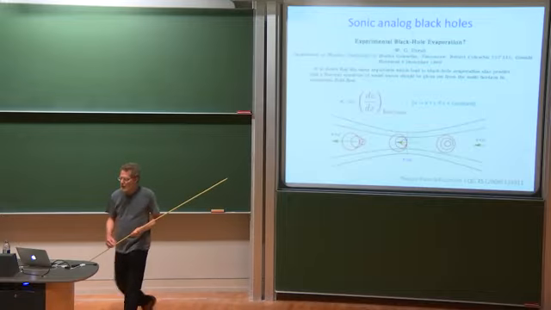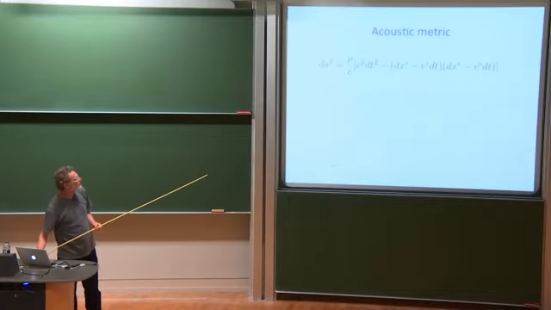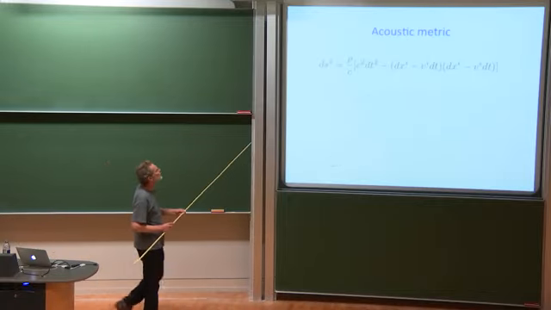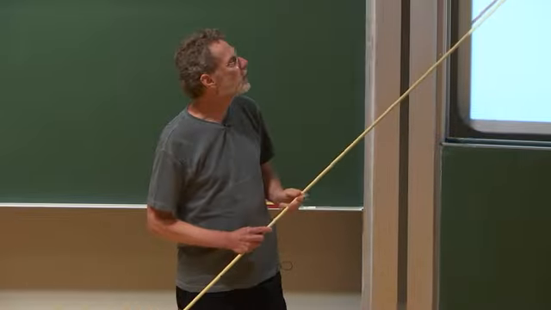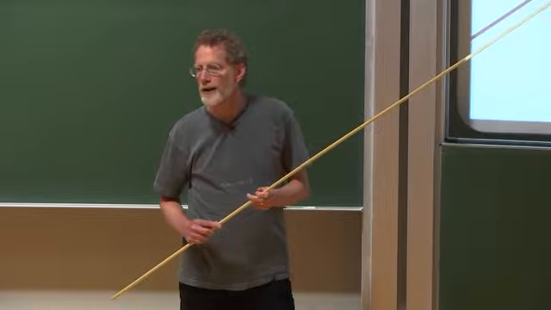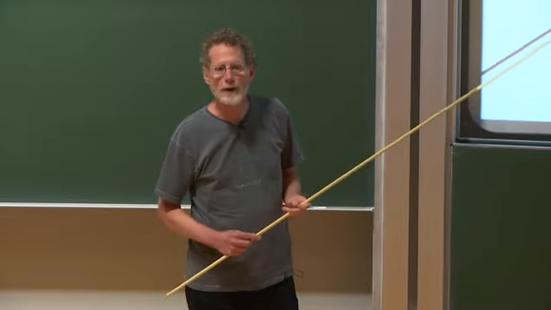And what Bill showed is that the analogy is quite strict mathematically. You can write down a line element for a space-time determined by the velocity of the fluid, the speed of sound in the fluid, and the density of the fluid, such that the sound waves propagating on the background of this fluid flow satisfy the covariant wave equation of a scalar field.